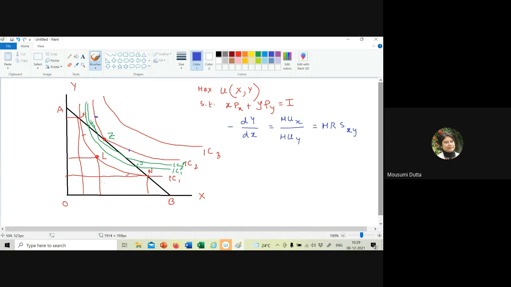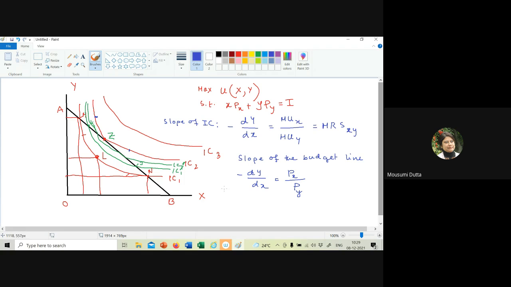Next, I am considering the slope of the budget line: minus dy by dx is equal to Px by Py.